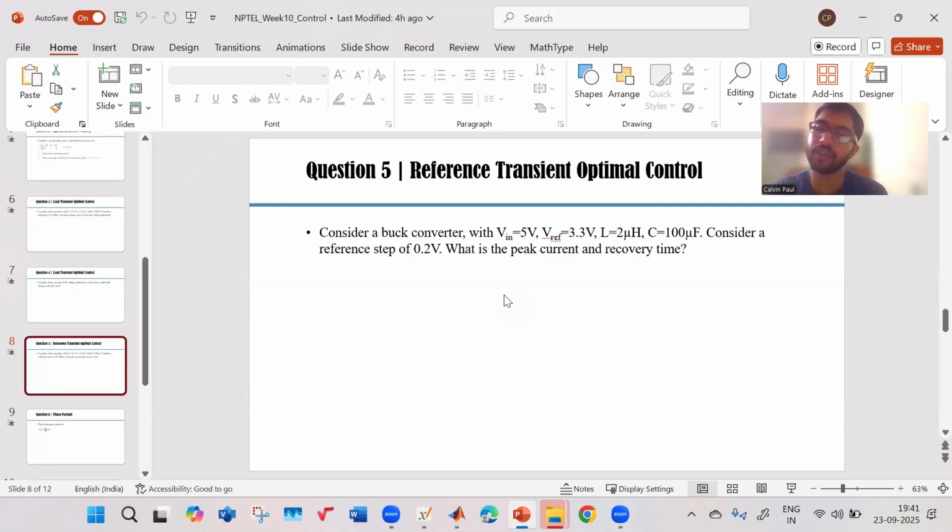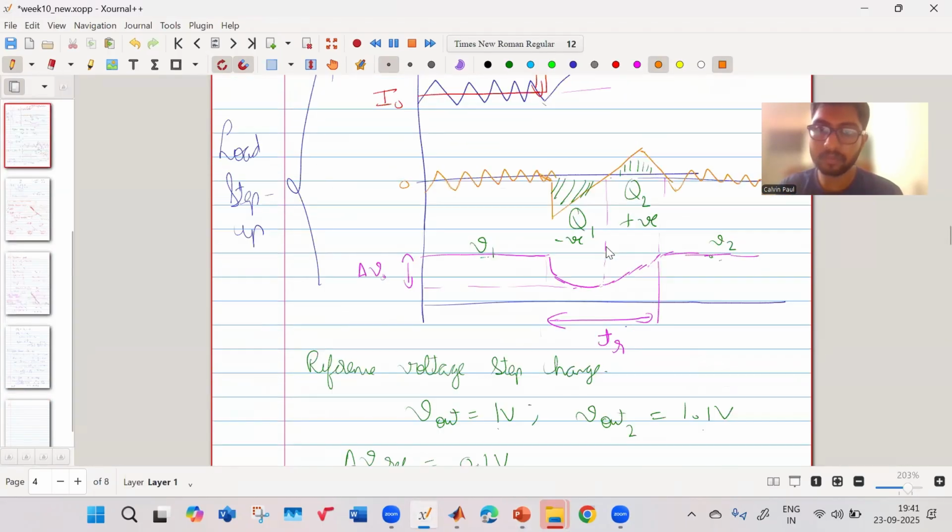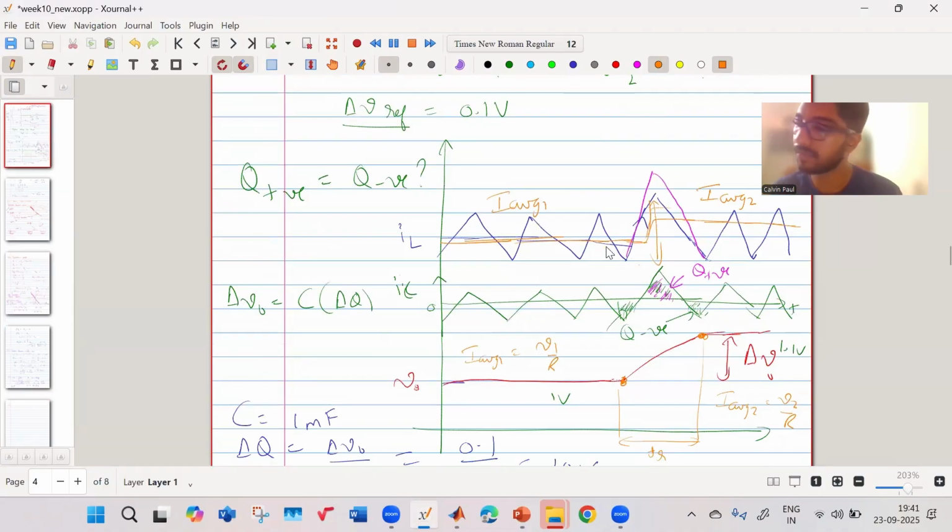So what we're doing is reference transient optimal control, which means this is the case. We had considered over here, for this case, we're changing the output from, let us say, 1 volt to 1.1 volt.